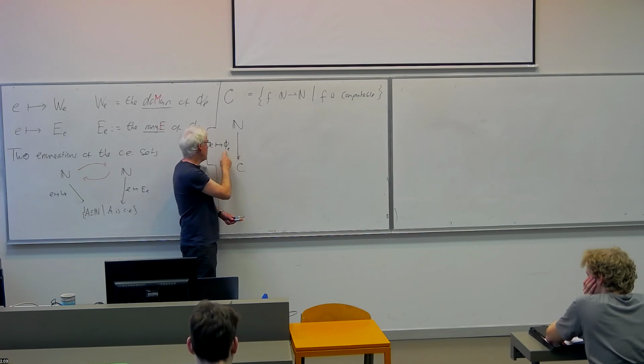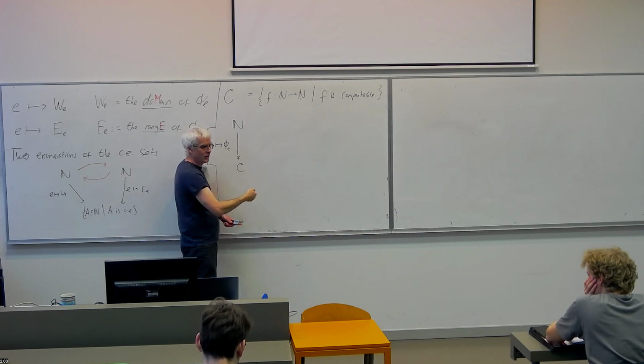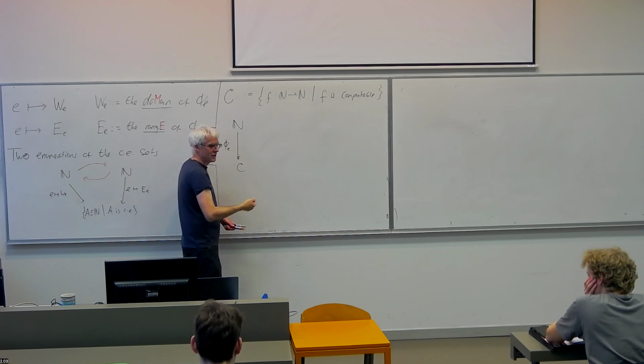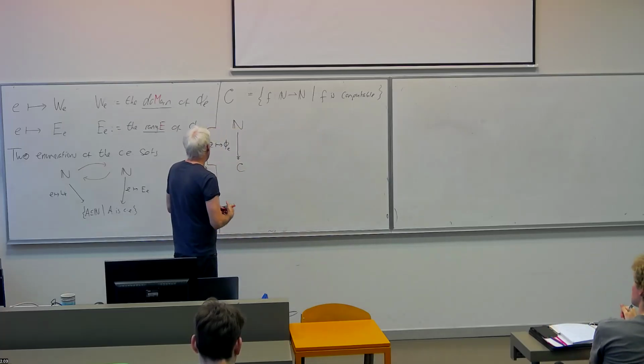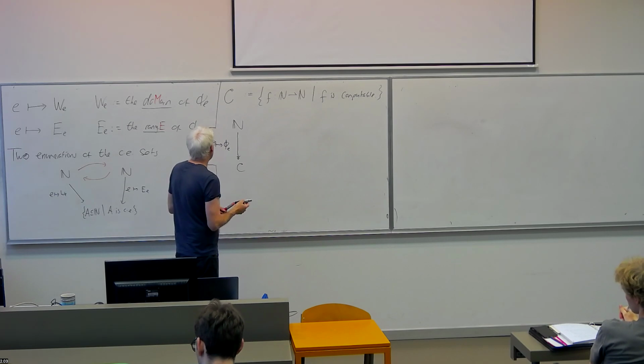Well, we were enumerating the computable partial functions by viewing e as a natural number code for a word, and then viewing that word as a code for a Turing machine, with our representation of Turing machines from the second lecture.